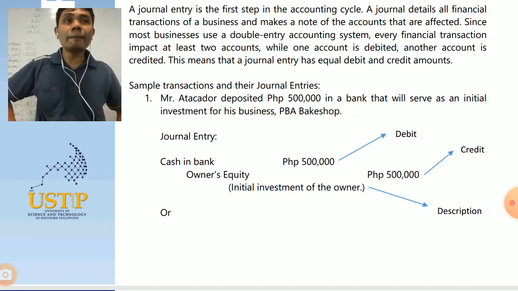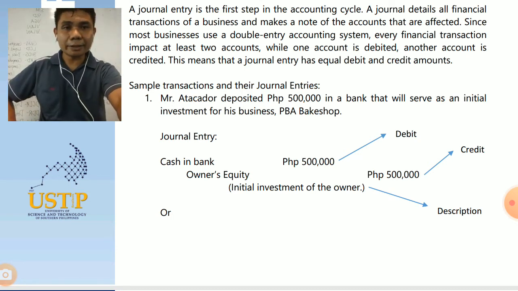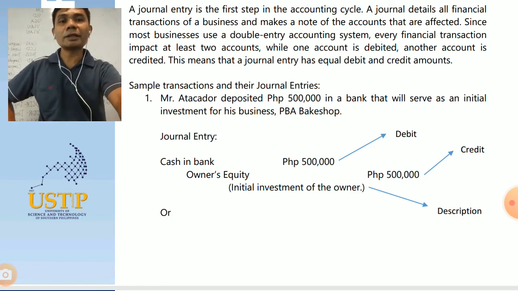Owner's equity increased. Remember that owner's equity has a normal balance of credit. That is why to increase owner's equity is to credit owner's equity in the amount of 500,000. So put the description, the initial investment of the owner. But later, I will not require the description anymore. The description describes what the transaction is.